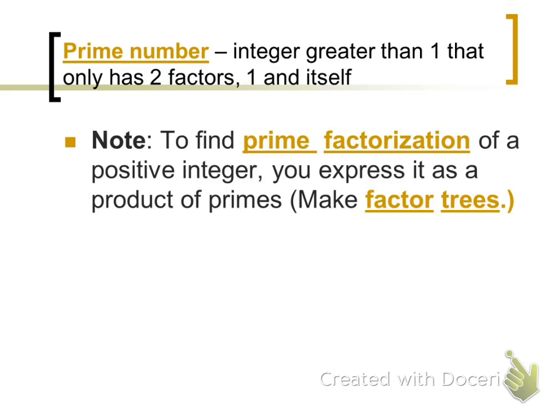To find the prime factorization of a positive integer, you express it as a product of primes. In order to do that, we usually make a factor tree. Has anybody made a factor tree before? Okay, hopefully you have. If not, you're about to learn. They're really fun.